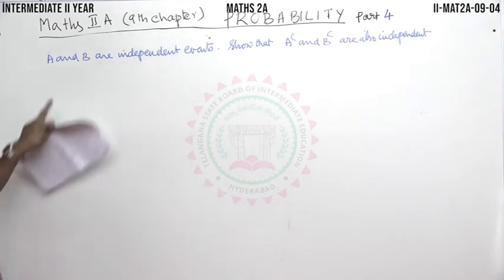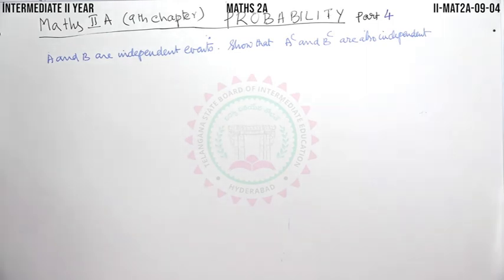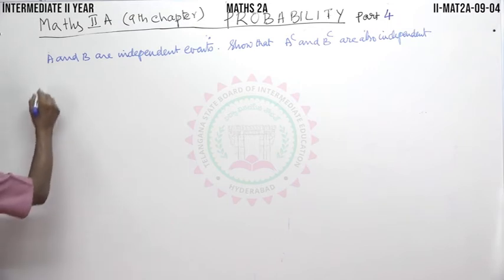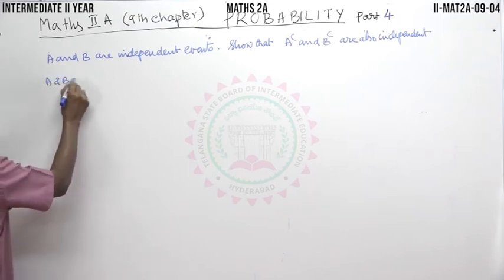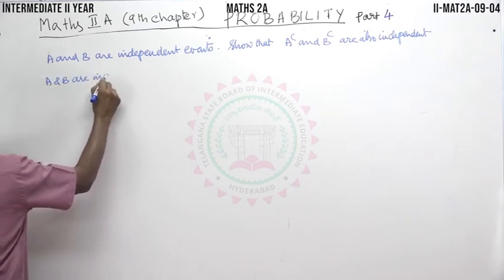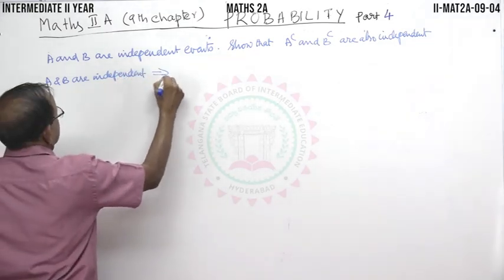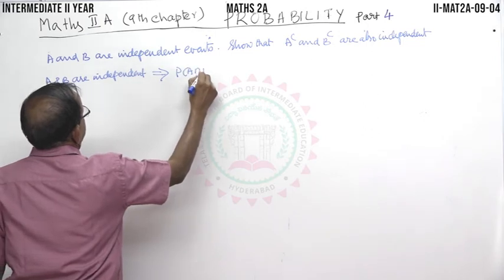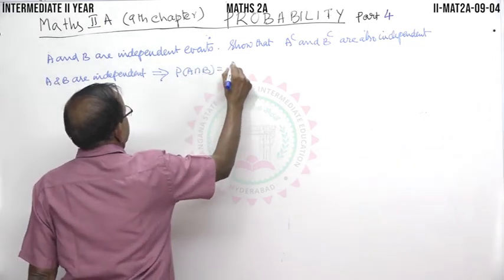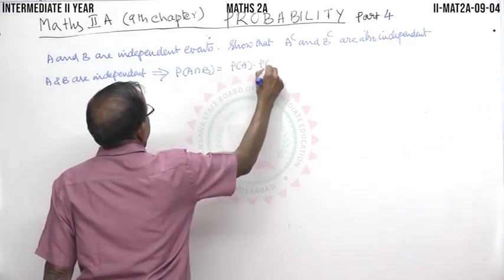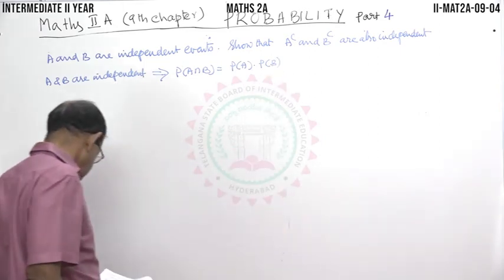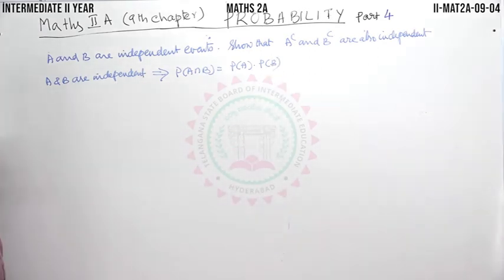Now here A and B are independent. That means A and B are independent implies P of A intersection B is equal to P of A into P of B. Now we have to show that A complement and B complement are also independent events.